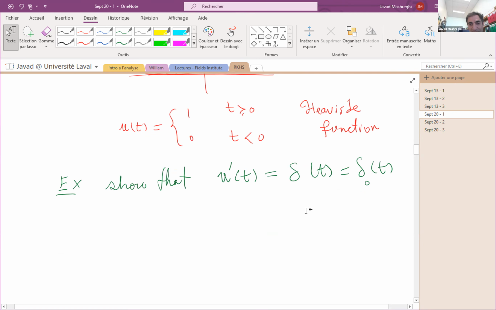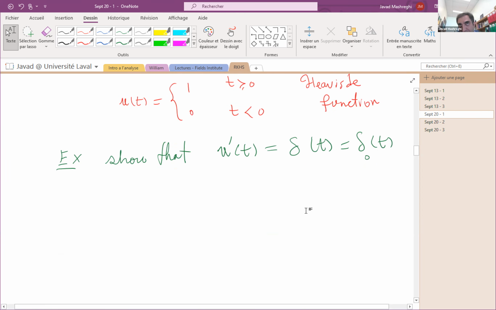If you look at, for example, any book on circuit analysis in electrical engineering, they define delta to be a function, not a measure or a distribution. The way they define it, they say it's a function which is equal to 0 everywhere, and at the point 0 it's equal to infinity.